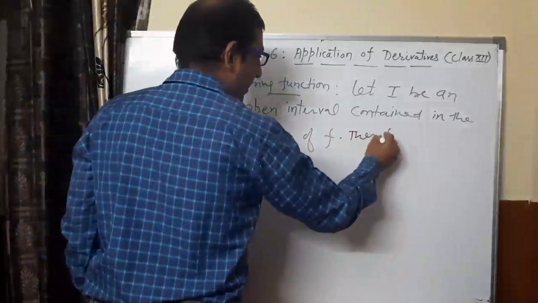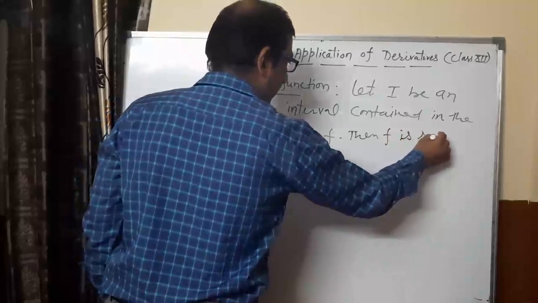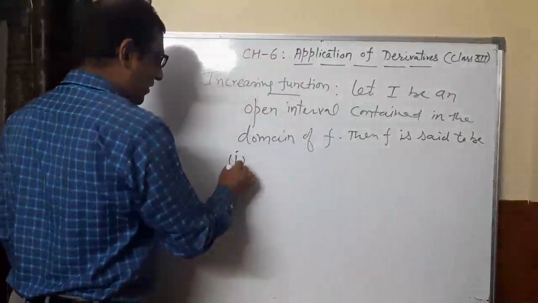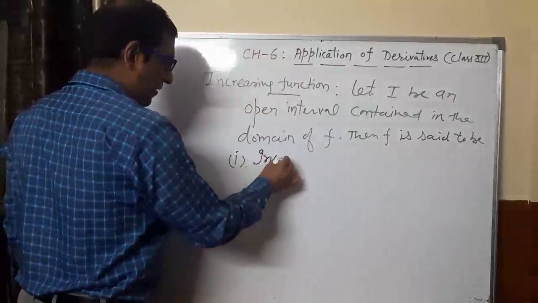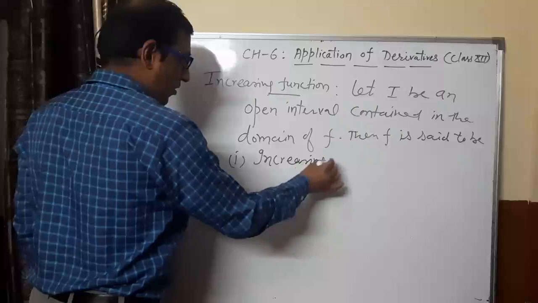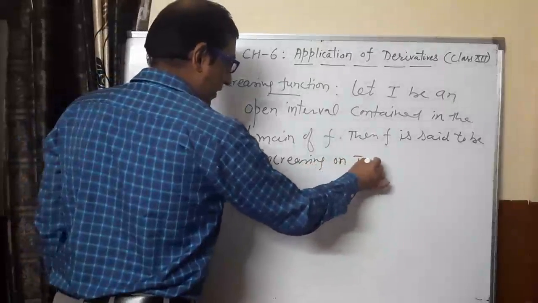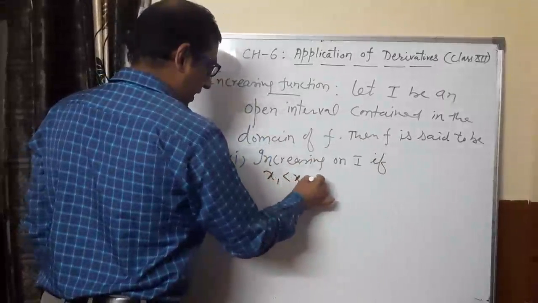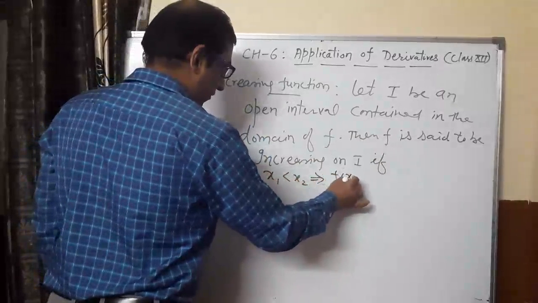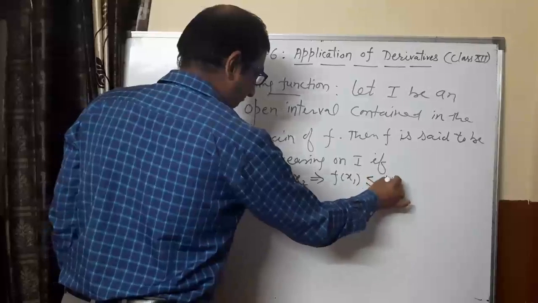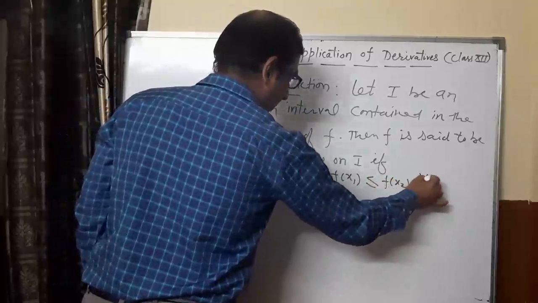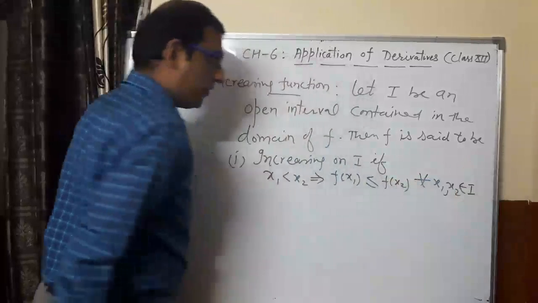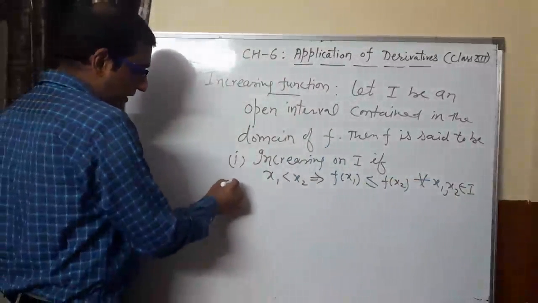Then f is said to be increasing on I if x1 is less than x2 implies f(x1) is less than or equal to f(x2) for every x1, x2 belonging to I.